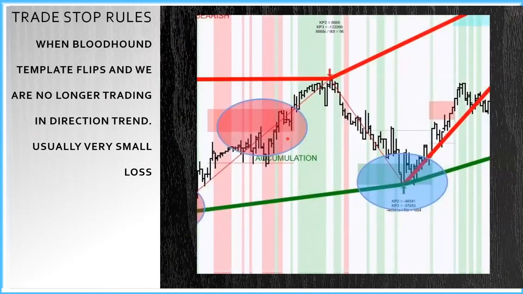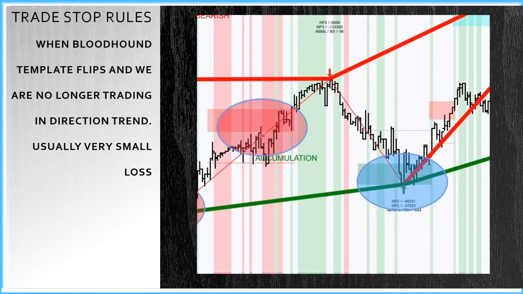The third thing that we really want to not be involved with is if we enter our trade right here and first we get that initial reaction down, we're feeling good. We're 2-3 points or 2-3 ticks in going in our favor. We've entered our trade and suddenly it comes back. And now the Bloodhound template flips from being red and short to being green and long.